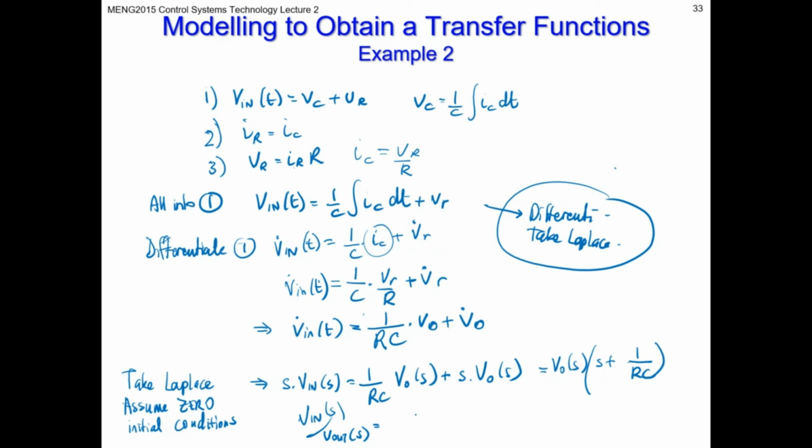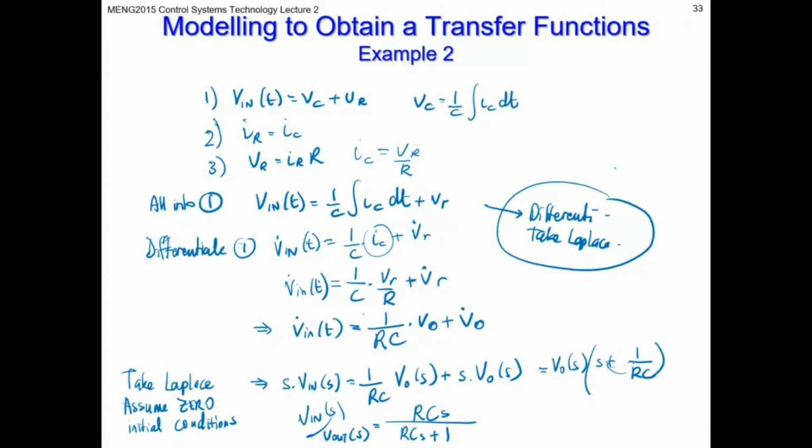So we end up with RCS over RCS plus 1. Right? So just multiply this up.